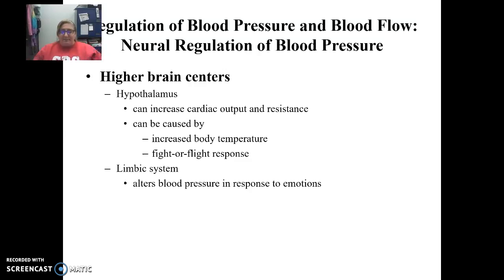Or when you smell something and it brings back memories of your childhood, and you get that emotional feeling, your blood pressure typically will rise. You get kind of excited, like, oh my God, that's what my mom made. That, again, is moving us into a sympathetic stage.